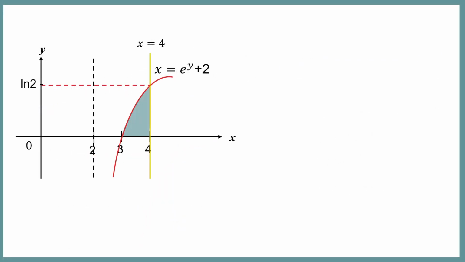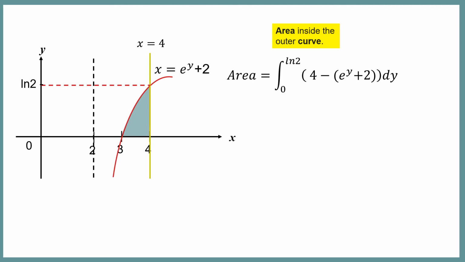To find the area of the shaded region, we find the area inside the outer curve, which is the straight line x equal 4, minus the area inside the inner curve, which is the curve x equal e to the power of y plus 2.